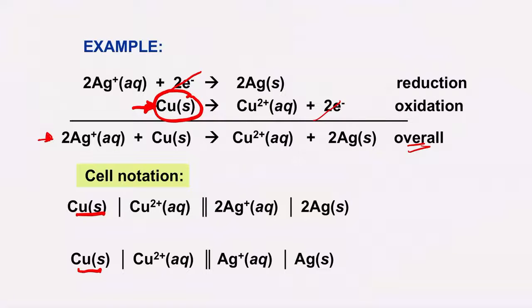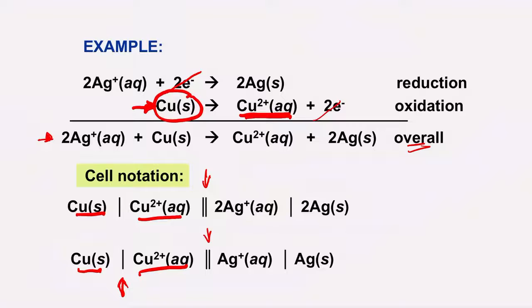And then when it undergoes oxidation, it will form copper 2 plus in aqueous phase. So right here. And then at the phase boundary. Alright, and then you have your salt bridge. Okay. And then you will have your cathode punya half cell.